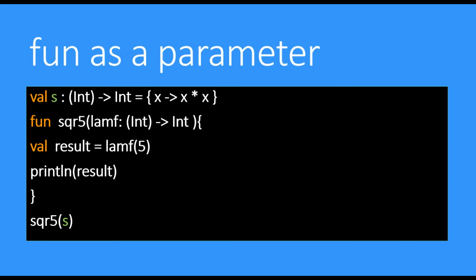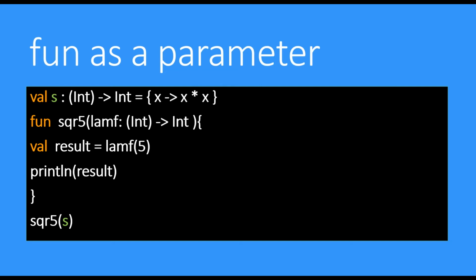Higher order functions are functions which require another function as a parameter. In regular functions, usually parameters are primitive types, it can be int, it can be string, or whatever. But in case of higher order functions, the parameter can be another function.